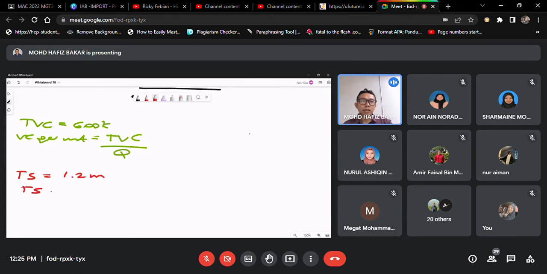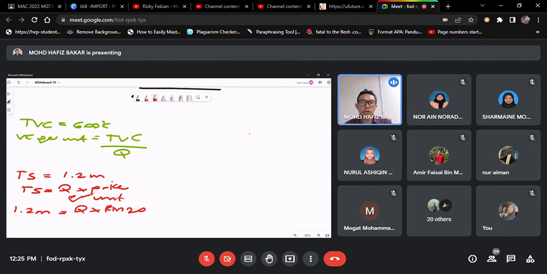Okay, total sales ni actually how come they get 1.2 million from this formula. Okay, quantity times price per unit, you akan dapat total sales. Okay, so nak dapatkan quantity Q, total sales 1.2 million equals to Q times price per unit is RM200.